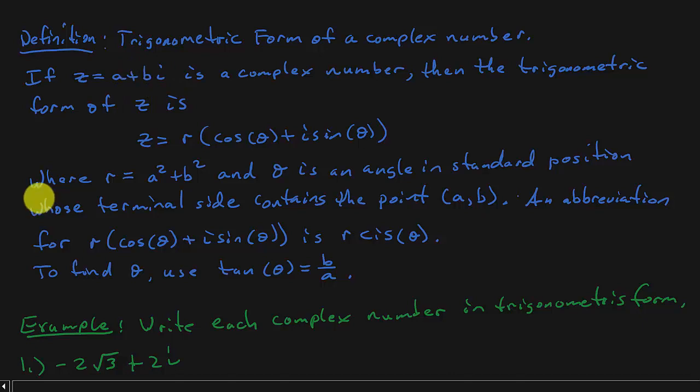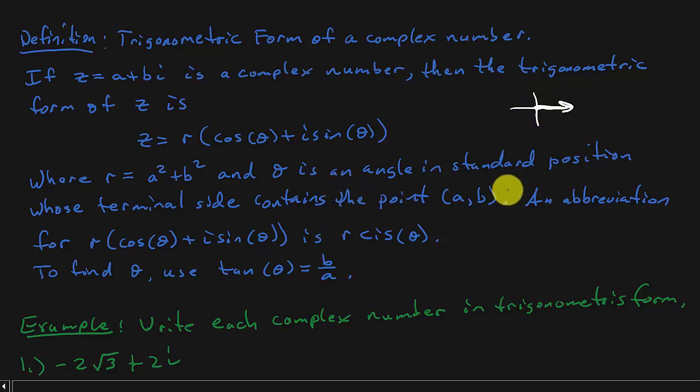So r is equal to the square root of a squared plus b squared, and theta is an angle in standard position. Remember what standard position is: the vertex is at the origin, the initial side lies along the positive x-axis, and then we can rotate wherever we need to for the terminal side.